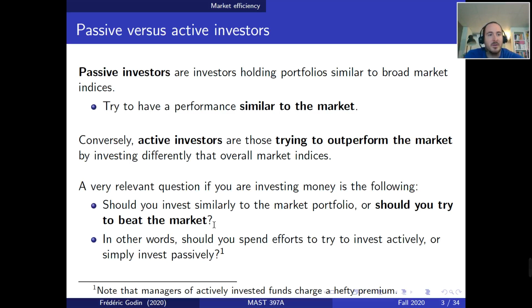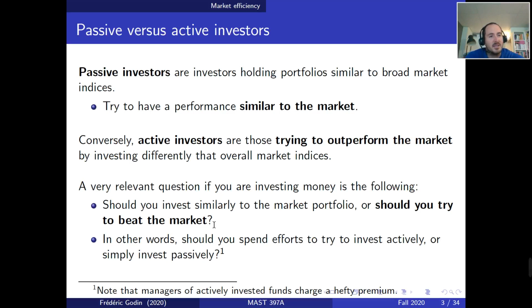The reason why this question makes sense is because although active investors try to outperform the market, they might not necessarily be able to do so consistently. And furthermore, active managers of mutual funds, for example, charge a hefty premium.